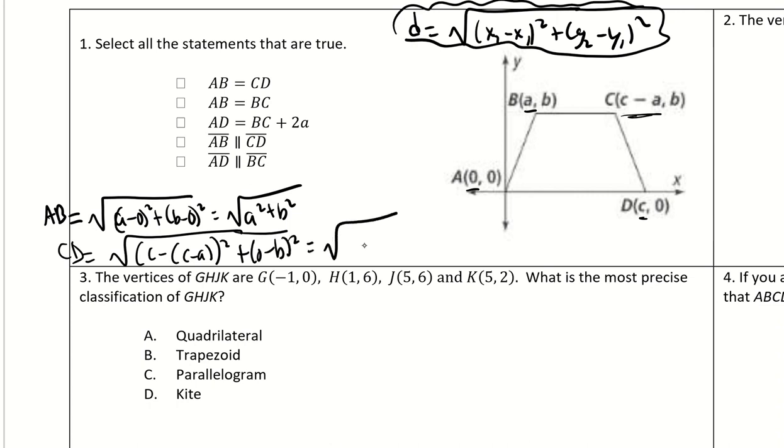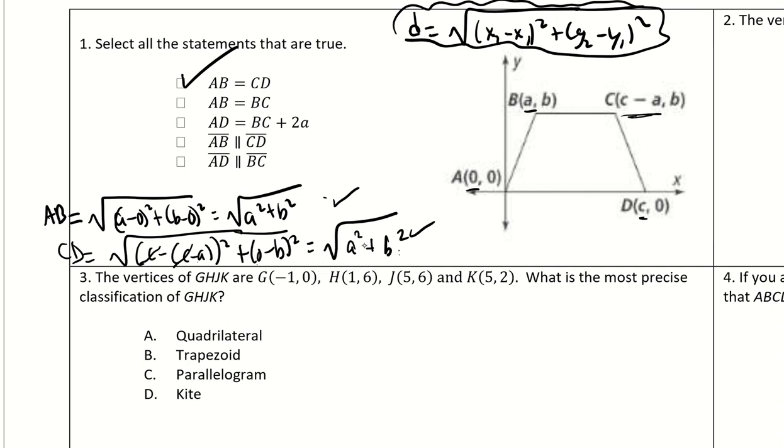Okay, so C minus C cancels. And then negative becomes positive, so it becomes A squared. And then 0 minus B is negative B squared. But remember, negative B squared is the same thing as B squared because if I square a number, it's going to be positive anyways. So we might as well change this negative into positive. And so these are the same, okay? So they check out. So this is true.